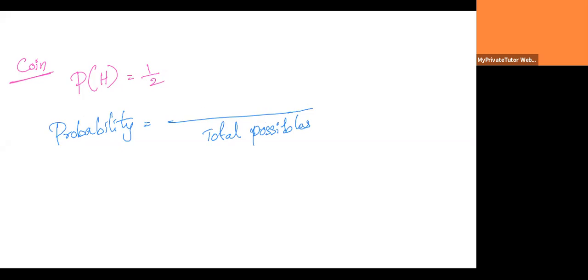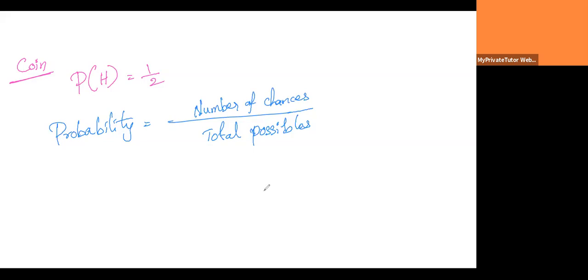What is the numerator? Just think. Number of chances. Okay. So once we know the total possibilities, and this one is the number of chances.